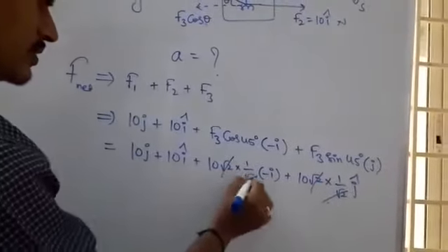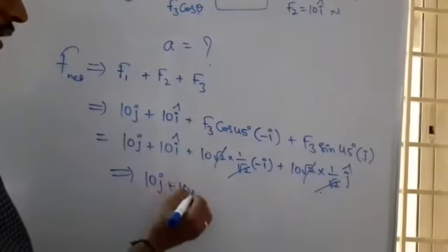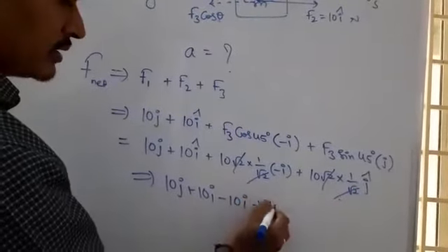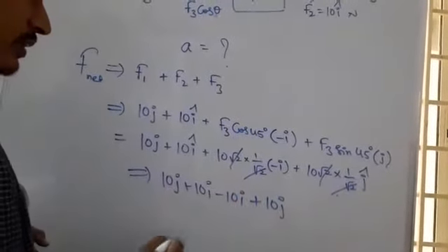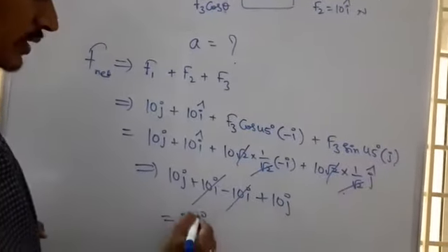Root 2 gets cancelled. Therefore 10J plus 10I minus 10I plus 10J. Okay, so 10I gets cancelled. This is equal to 20J.